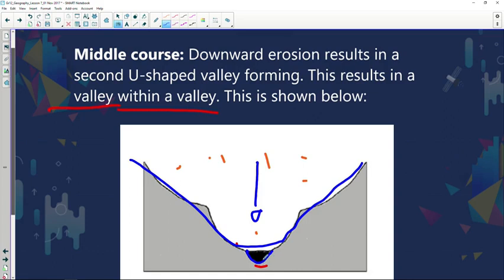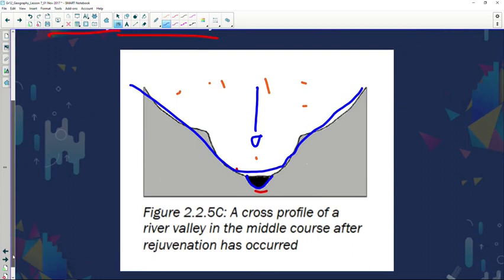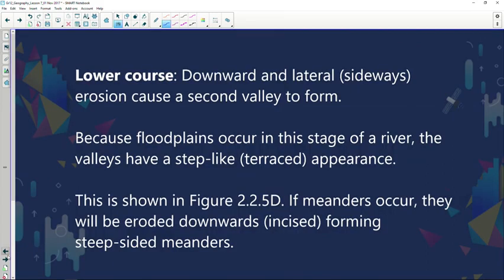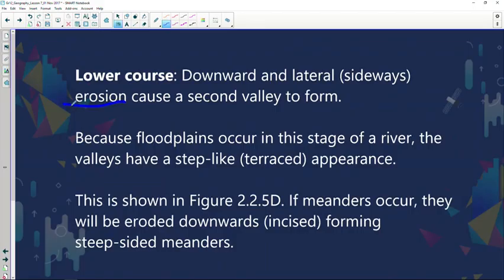And as you can see, it's a valley inside a valley that's been formed. Okay, in the lower course, we already discussed it. Keep in mind, there's usually deposition taking place, but due to the upliftment of land, steeper gradient, and because of the volume of water, there's more erosion and lateral erosion taking place, and that's the reason we can say that a valley is forming inside a valley.